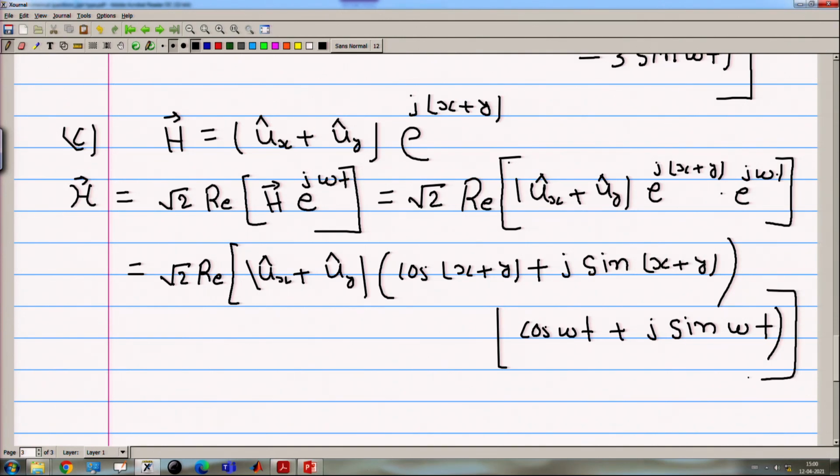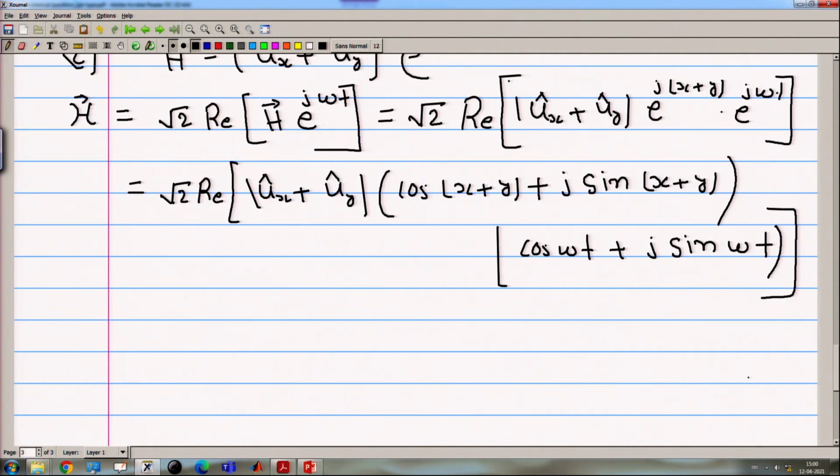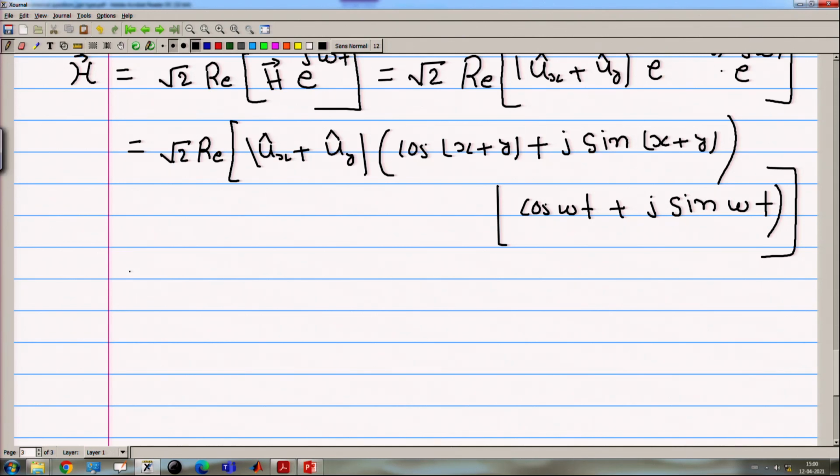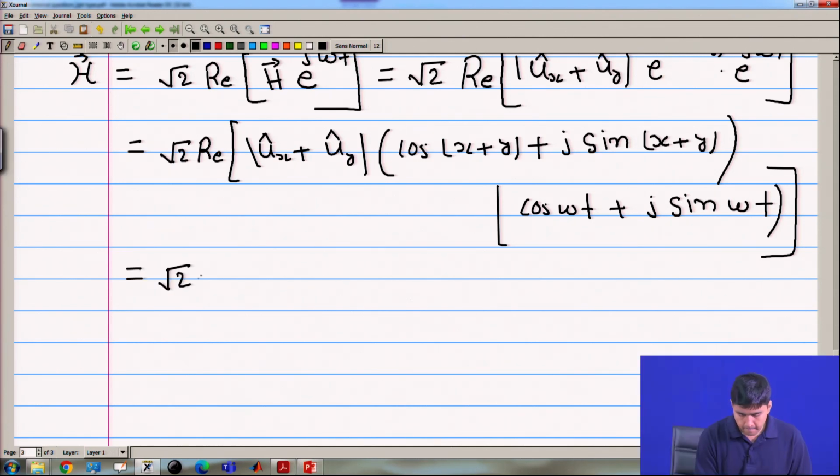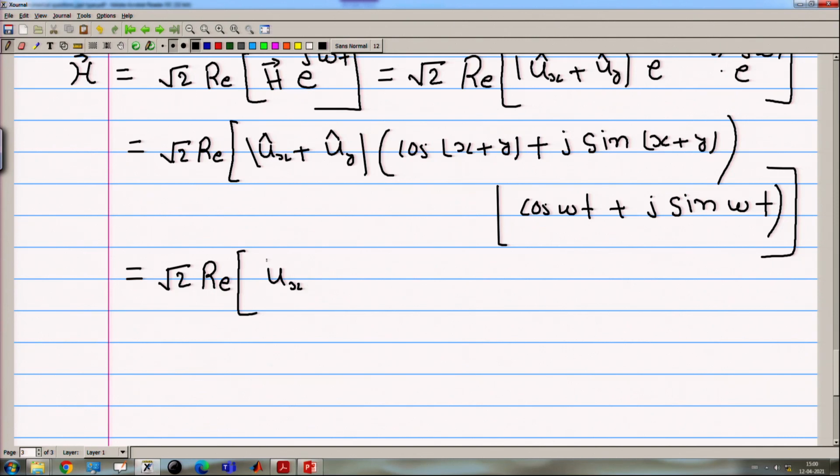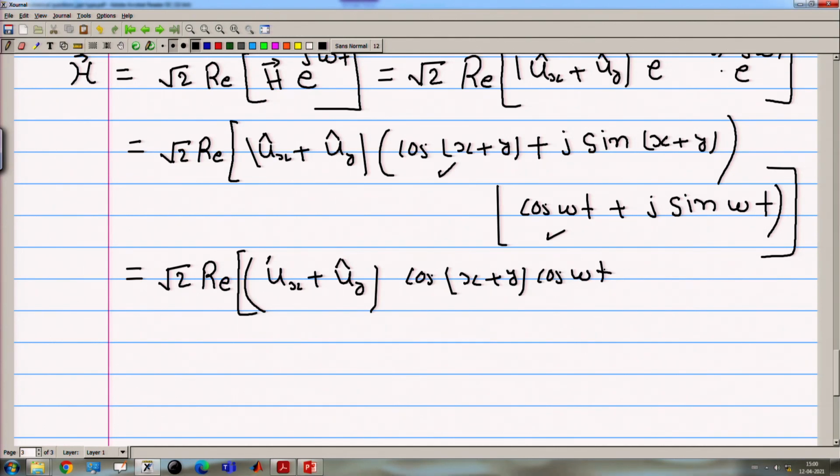So, we can multiply these two and extract the real part. After multiplying we will get root 2 (ux plus uy). Here the real part will come from this term and this term, so this will be cos of (x plus y) cos omega t, and one more term will come from this multiplication and this multiplication.